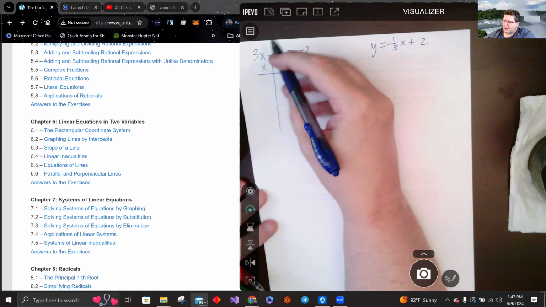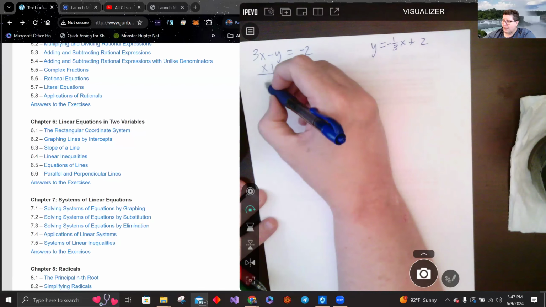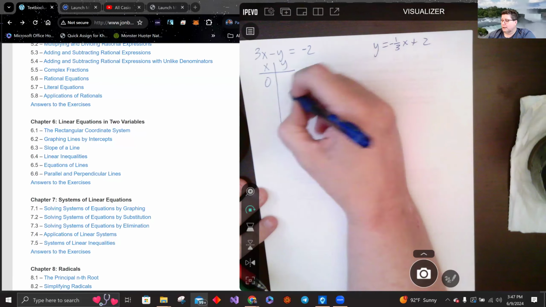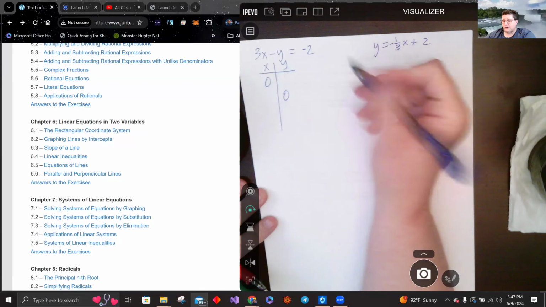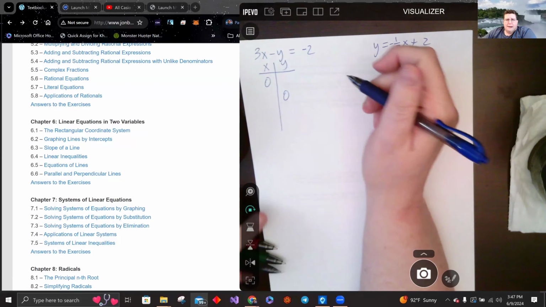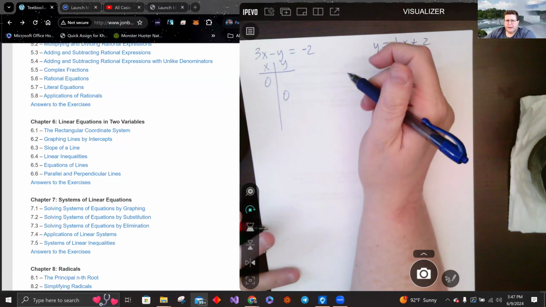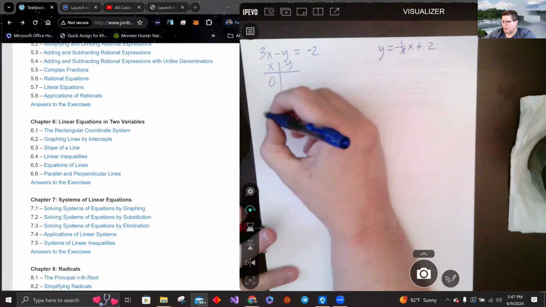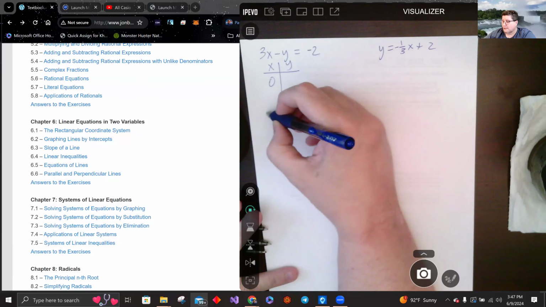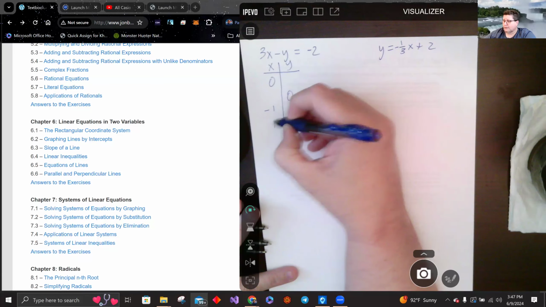You'll find that a good way of doing it is find where x equals 0, and y equals 0 is a good way. And maybe try a point around x, -1 and +1.